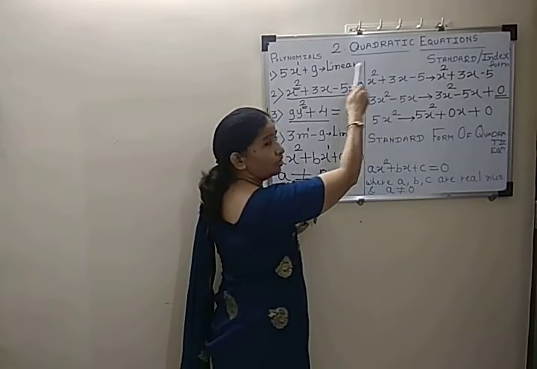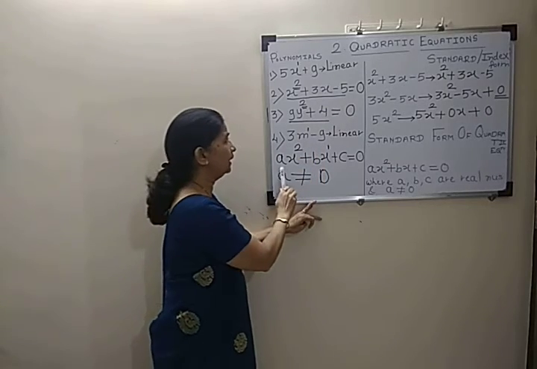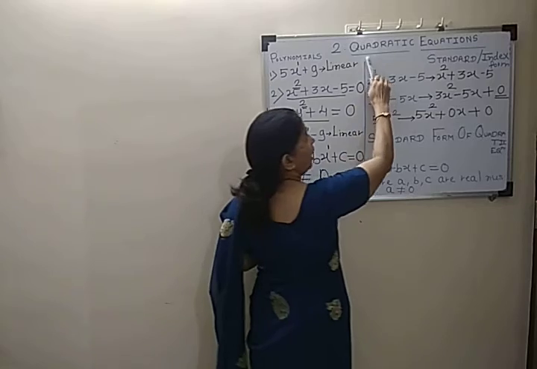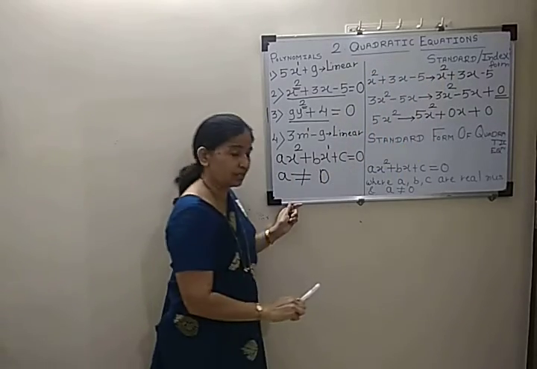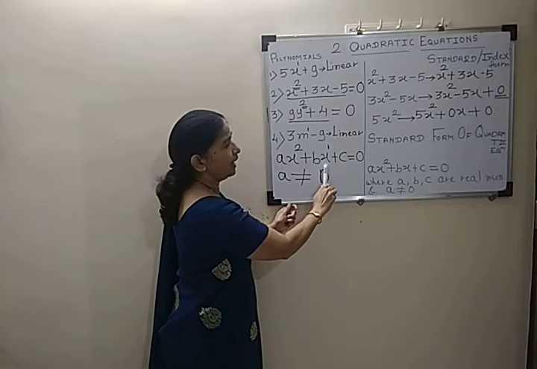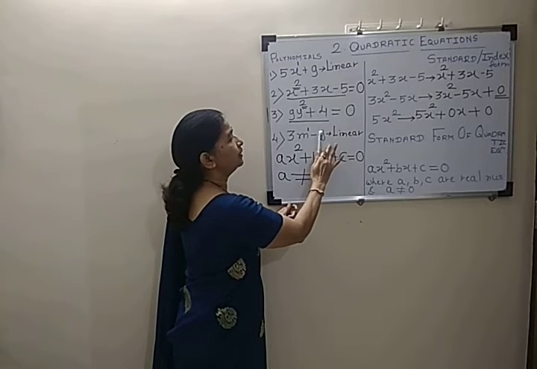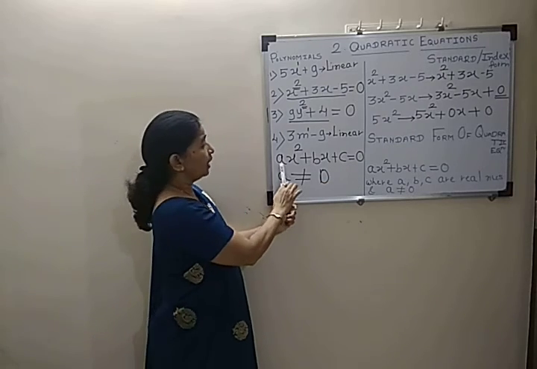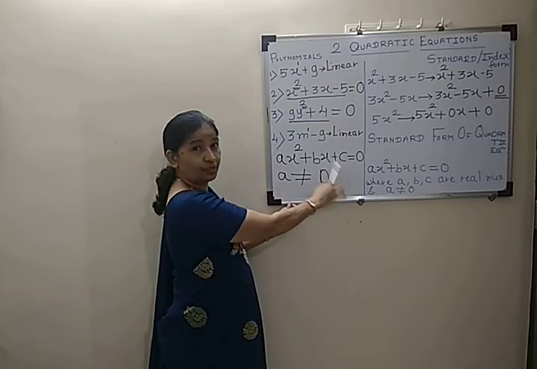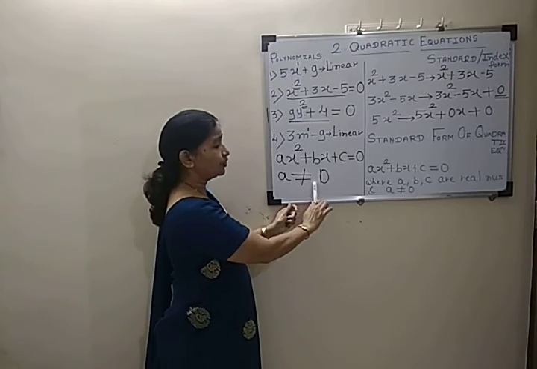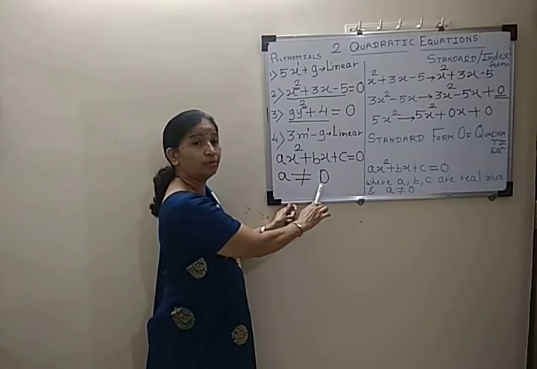Today we learn only this thing, that the standard form of a quadratic equation is ax square plus bx plus c is equal to 0, where a, b and c are real numbers and a must not be equal to 0.